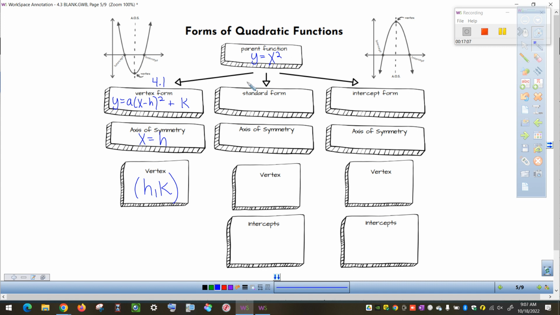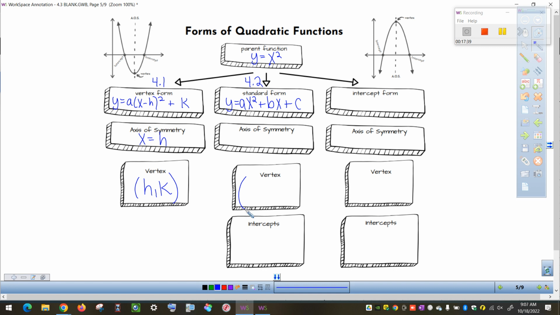Okay, let's fill in the middle. Now this is going to be reviewed from what we saw on Friday. So in lesson 4.2, we did standard form that did not have parentheses. Instead, it was ax squared plus bx plus c. And we had quite a different way of getting our vertex when it was in standard form.